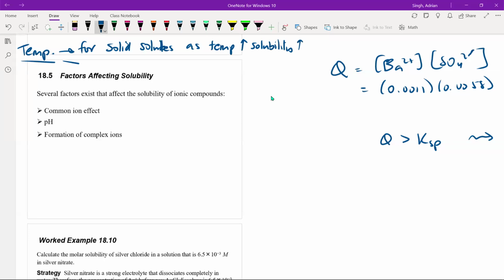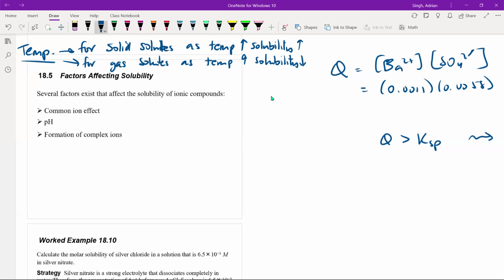And then for gas solutes, the opposite is true. So as temperature goes up, less of a gas is able to dissolve, so solubility decreases. This goes back to what we saw in Gen Chem 1.